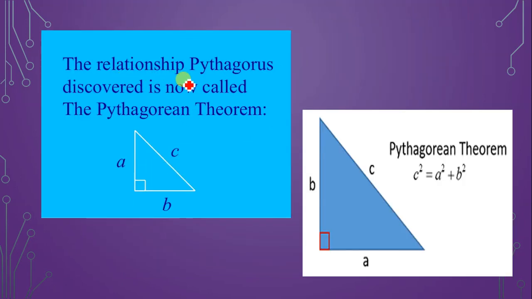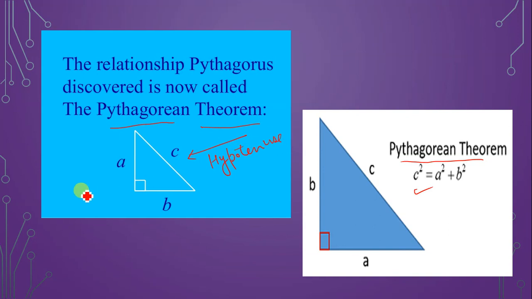Now this relationship Pythagoras discovered and is now called the Pythagorean theorem. Having a 90-degree angle, do the square of it, get the square of the third side. So this is Pythagoras theorem, the Pythagorean theorem. The relation is the square of the longest side. And what is that?